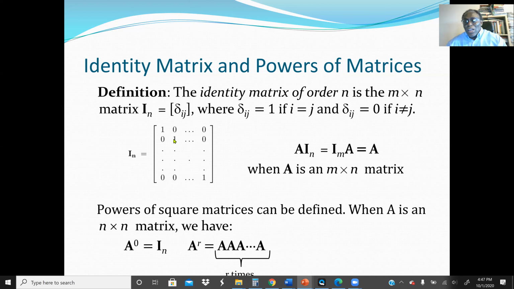And that will be the diagonal, all will be 1. Then delta ij is equal to 0 if i is not equal to j. So for example, 1, 2, or 3, 1, or 3, 2, or 5, 6. As far as it's not 6, 6 or 5, 5, it should be 0. So an example of an identity matrix is what we have here.